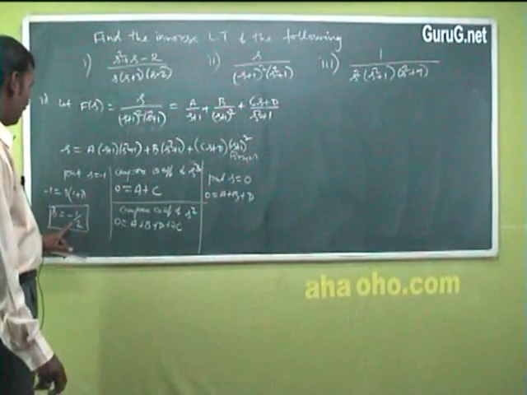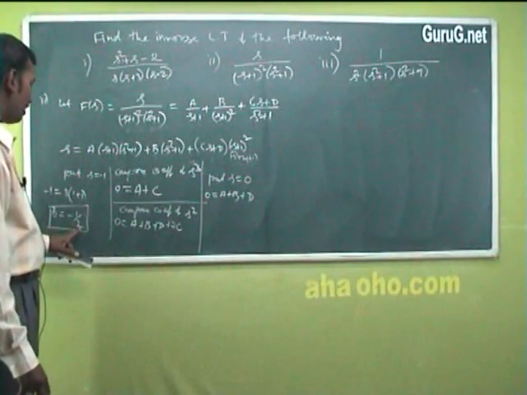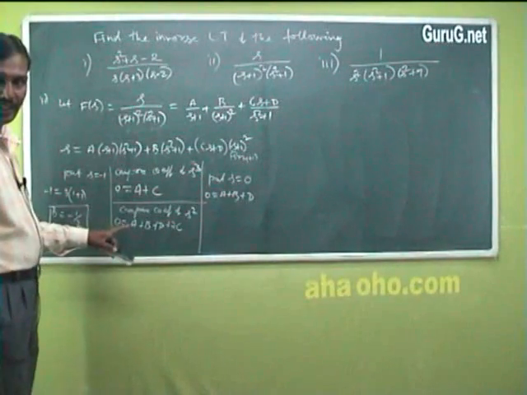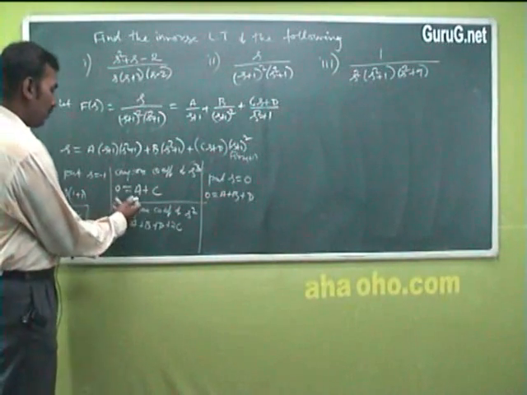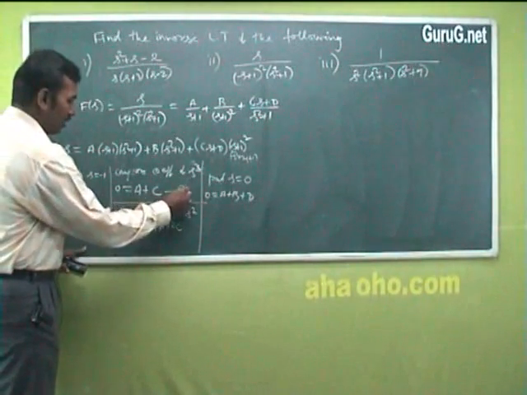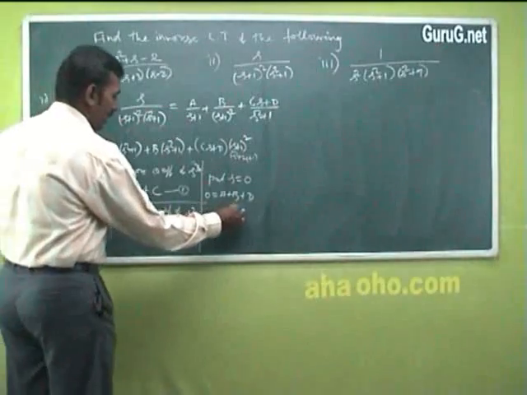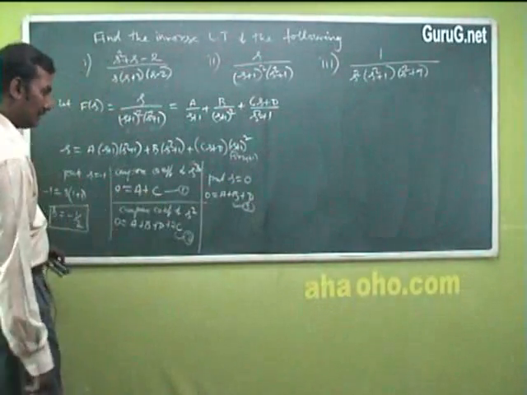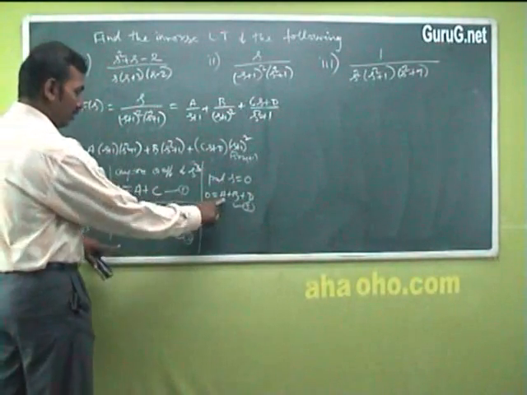So b, you know the value of b, so b equal to minus 1 by 2, right. So you substitute, so a plus c equal to 0. So this is equation 1, this is 2 and this is 3. So a plus b plus d equal to 0.